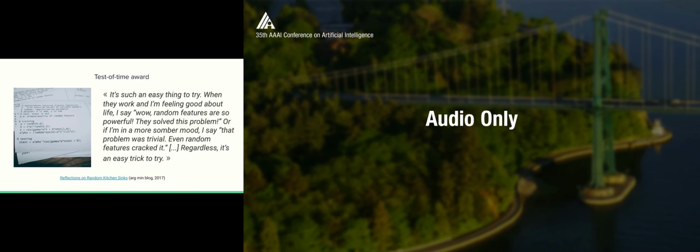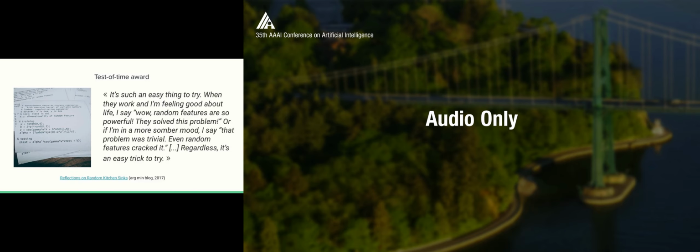So coming to the quote, basically in this famous talk, Rahimi said that sometimes you are in a good mood and you have the idea, wow, random features are so powerful because they can very rapidly generate a model that solves my problem. Other times you are, let's say, in a bad mood.